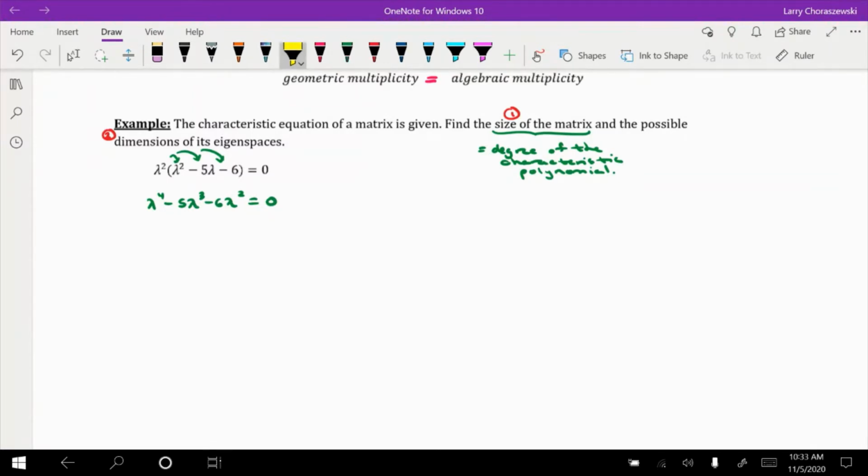And if this were in terms of x, we would find that the degree of this polynomial is 4. Well, keep in mind that lambda is basically a variable, a bougie variable. And since the highest power is 4, that would be our degree. Okay, so the degree equals 4, which means that the size of the matrix would be 4 by 4.